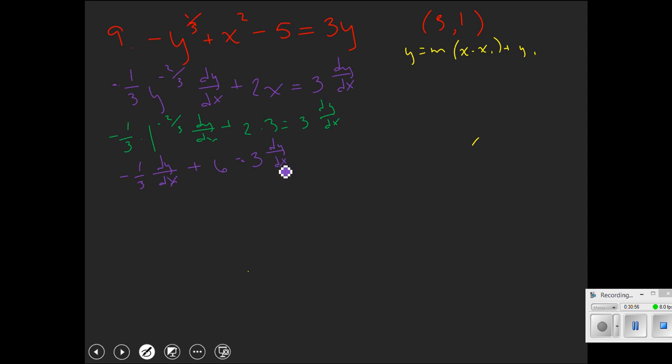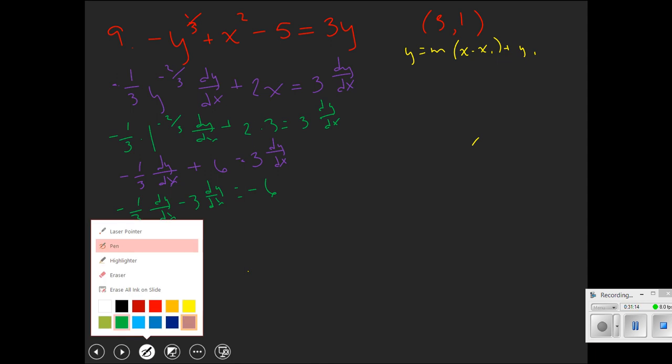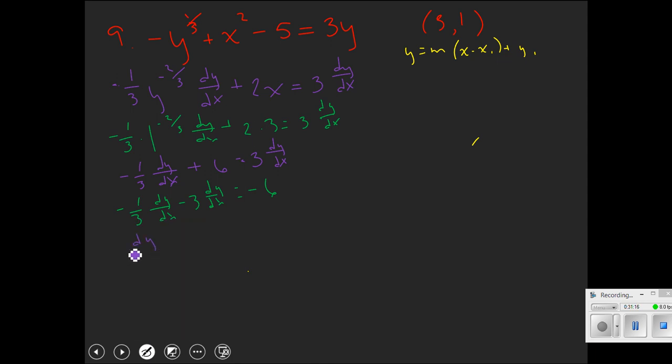Okay, so that's going to be negative 1/3 dy/dx minus 3 dy/dx equals negative 6. Factor out the dy/dx, we have negative 1/3 minus 3, or minus 9/3, is going to give us negative 10/3.